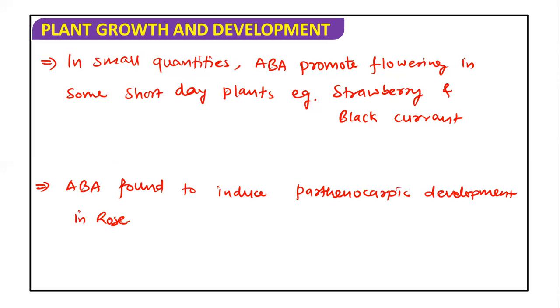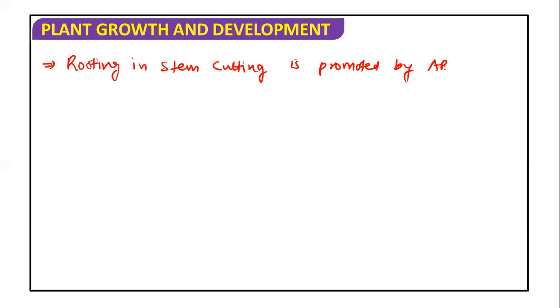So in rose, parthenocarpic development was induced by ABA. Next, rooting in stem cuttings is promoted by abscisic acid.